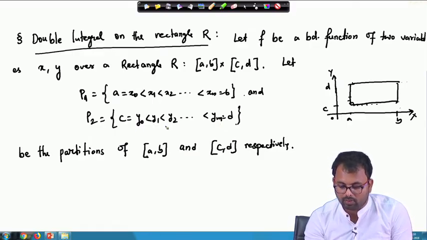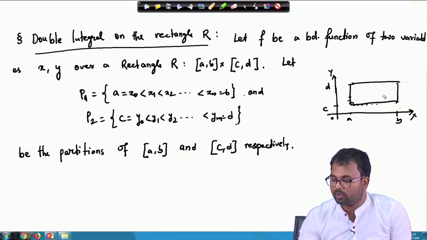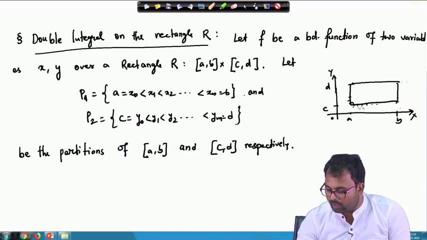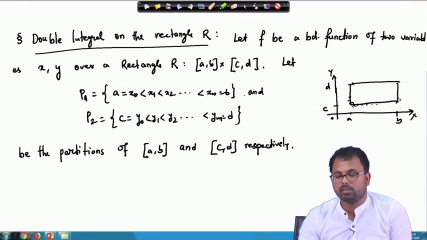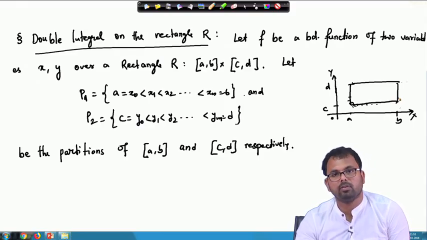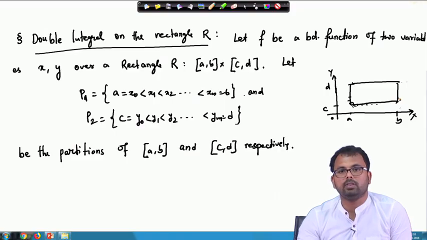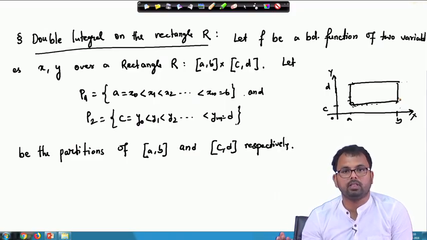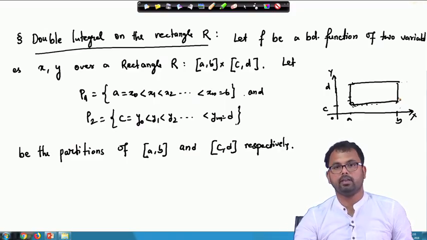So, we have y0, y1, y2, y3 up to ym. That means here we have n subintervals for the variable x, and m subintervals for the variable y. So, in a way we have m times n, so mn number of rectangles here.